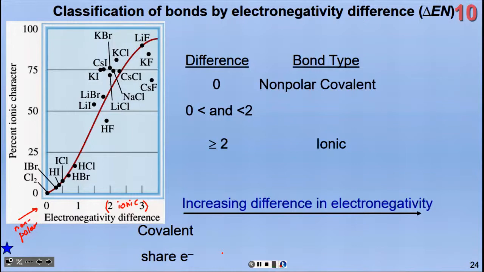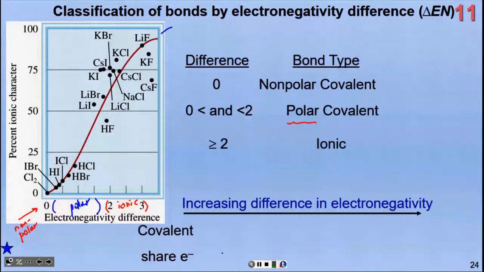So the ones in the middle are between 0 and 2 somewhere, and this is all a spectrum like that red and blue chart on a couple slides back suggested. Those are going to be the polar covalent bonds. So somewhere in the middle are the polar ones, and their degrees of polarity. Some are more polar than others.